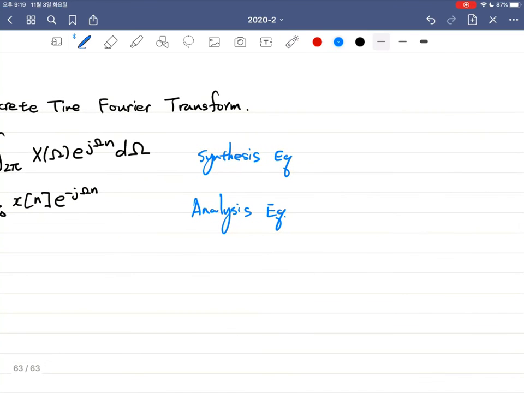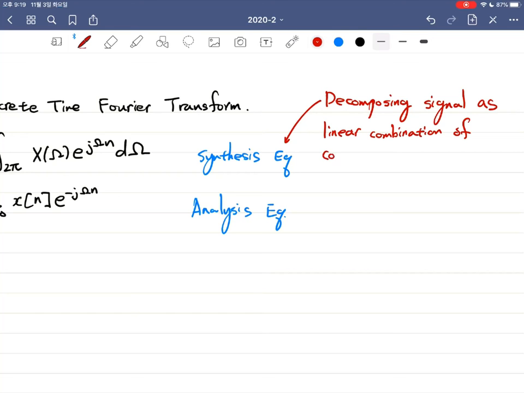So this synthesis equation is about, it's worth writing it down because we are now reviewing, decomposing the x[n] signal as a linear combination of complex exponentials with amplitude.